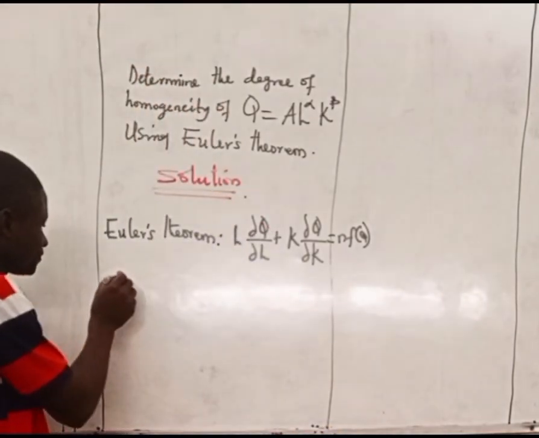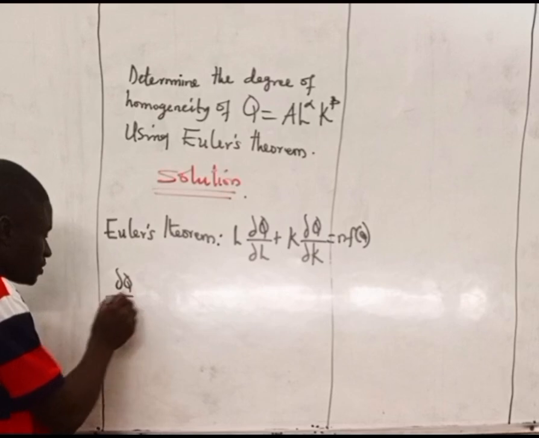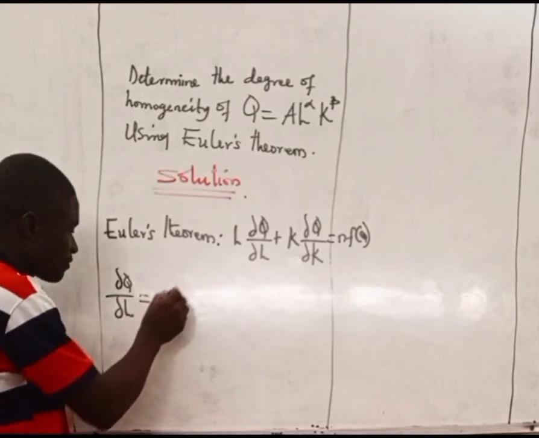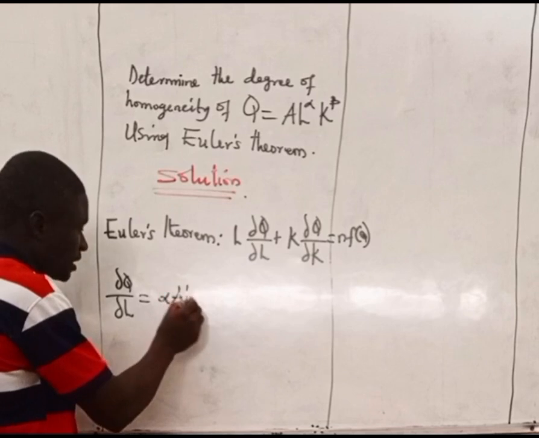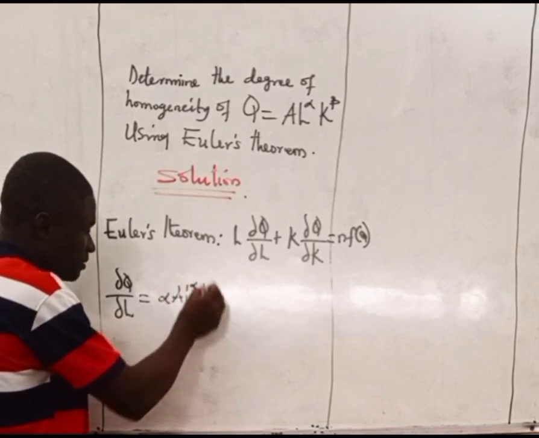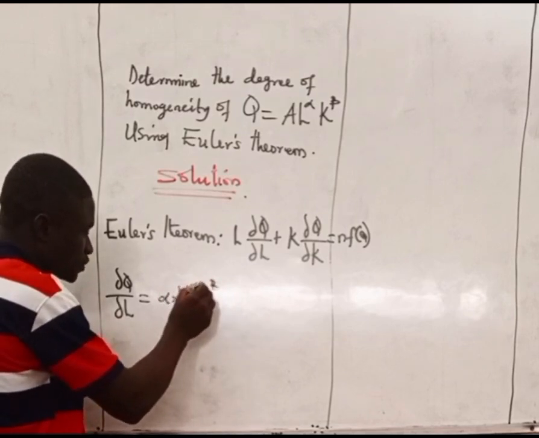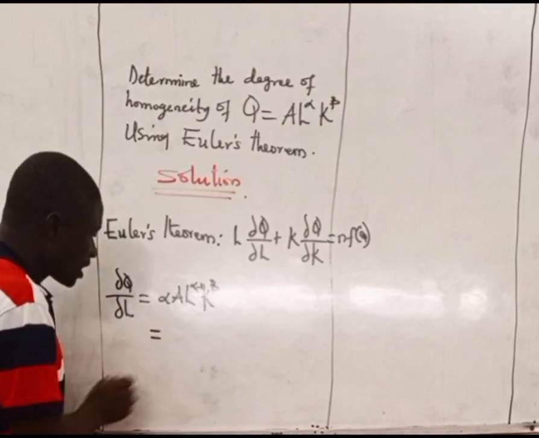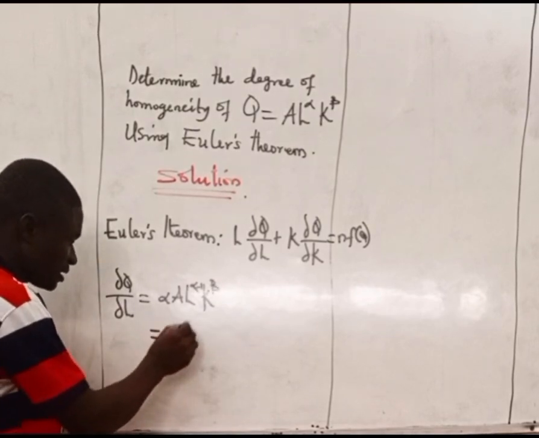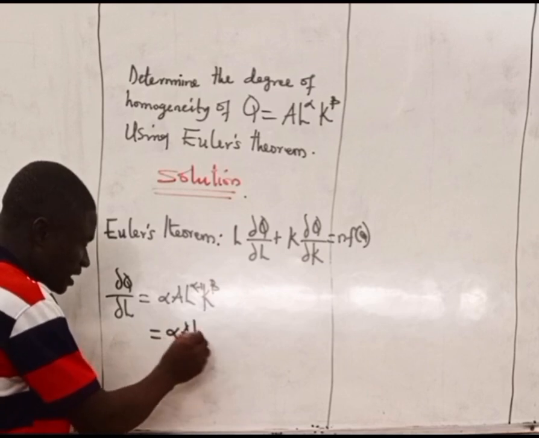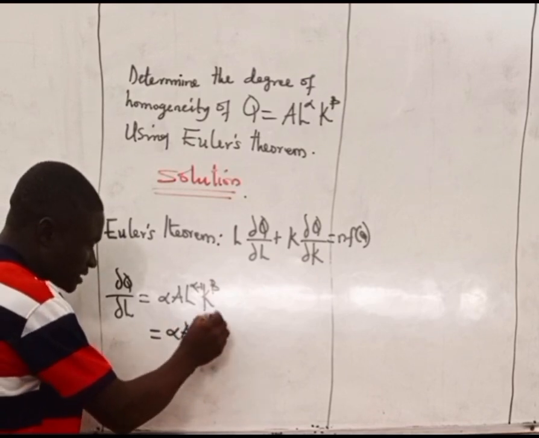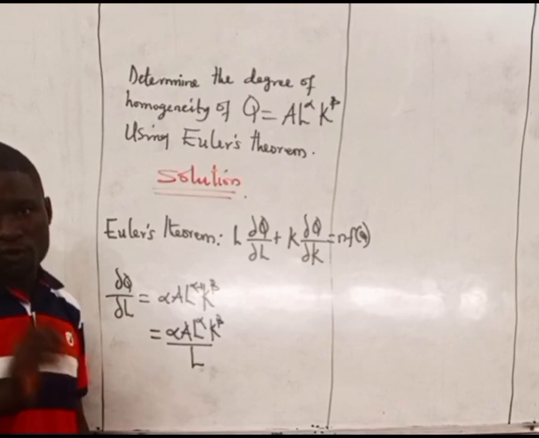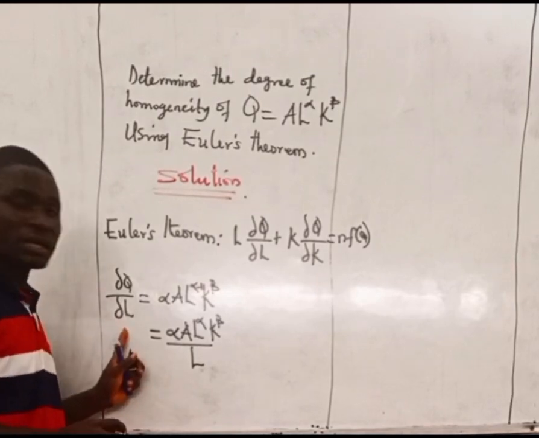So we're going to have dq dl. Your dq dl equals alpha A L^alpha K^(beta minus 1)... rather, alpha A L^(alpha minus 1) K^beta, and you know there's a minus 1 there. This function can also be written as alpha A L^alpha K^beta divided by L. That is the first derivative with respect to L.